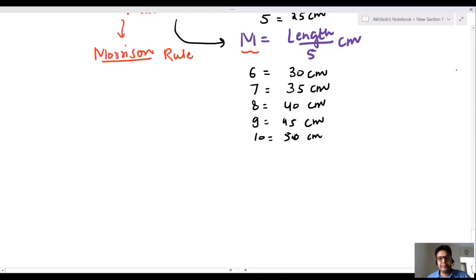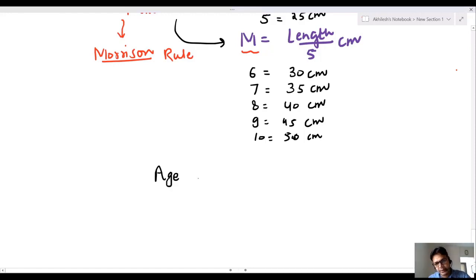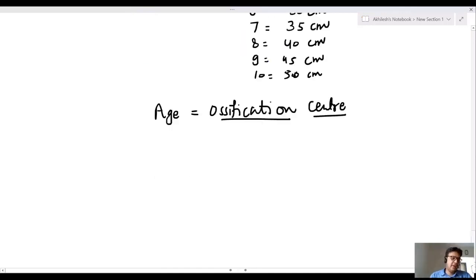This is very simple. Now, sir, for deciding age in adults, we also use ossification centers.